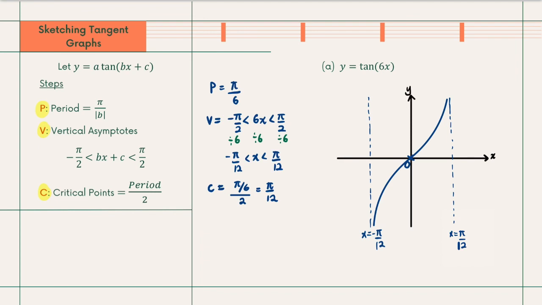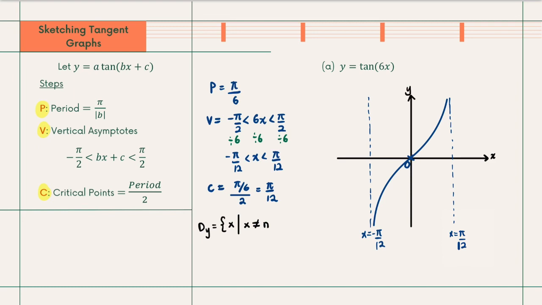Okay, and then kat sini kalau soalan dia tanya pasal domain. Okay, domain so the domain of y will be equals to x such that x is not equals to n of period.